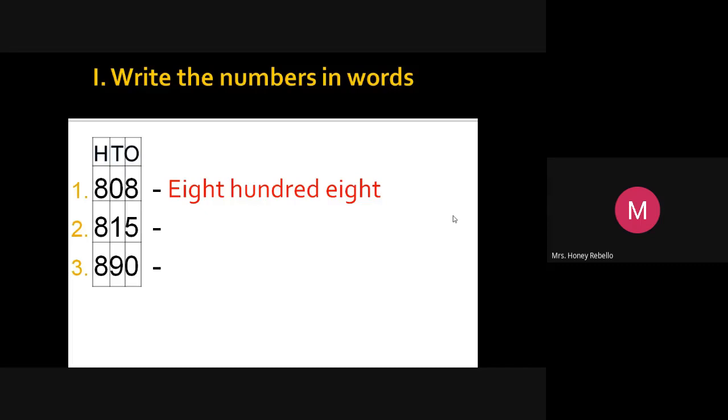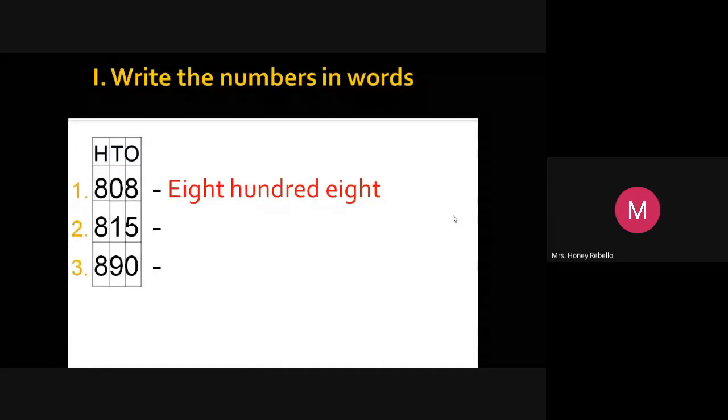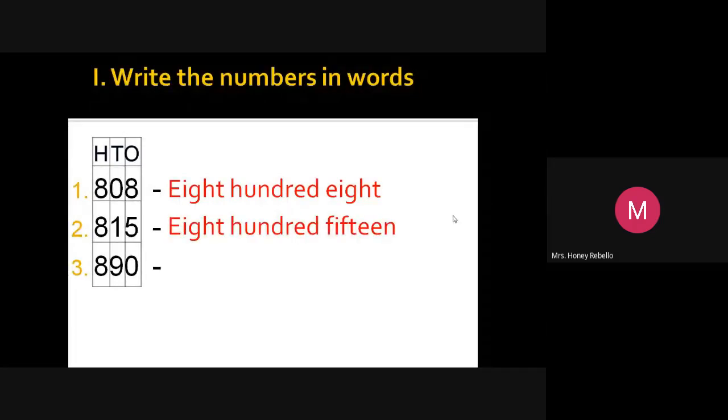8, 1, 5. 815. EIGHT. Don't make mistake when you write 15.